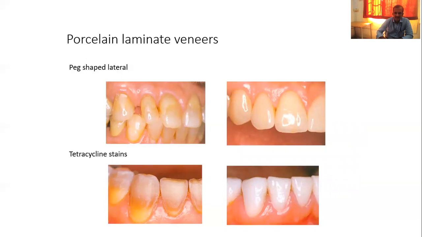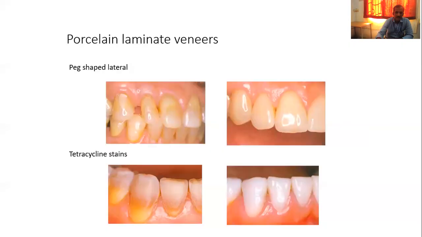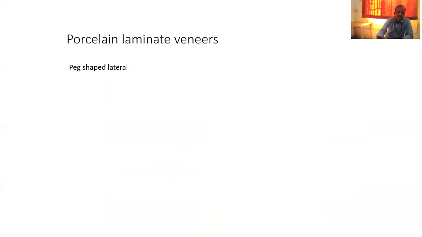With any stained or discolored tooth, the patient can't have an ideal smile. So that can be treated. This is the porcelain laminate. These are the modes of replacement concerned with teeth.